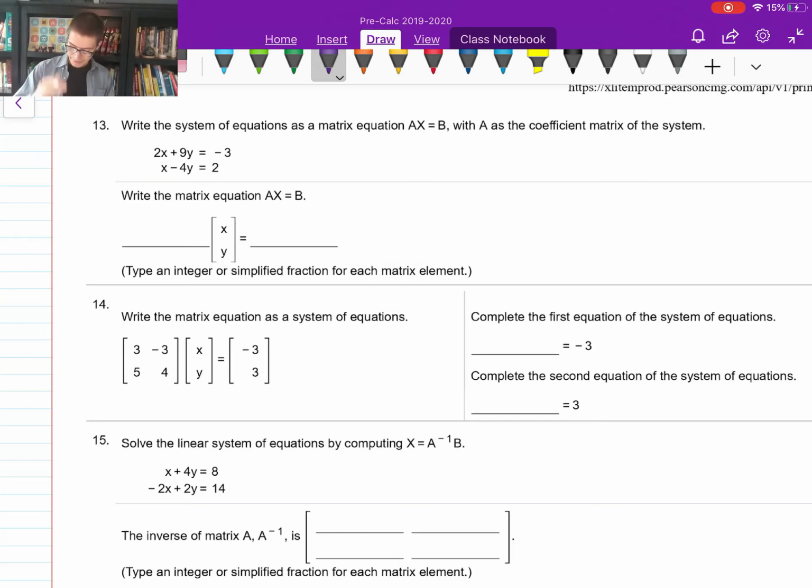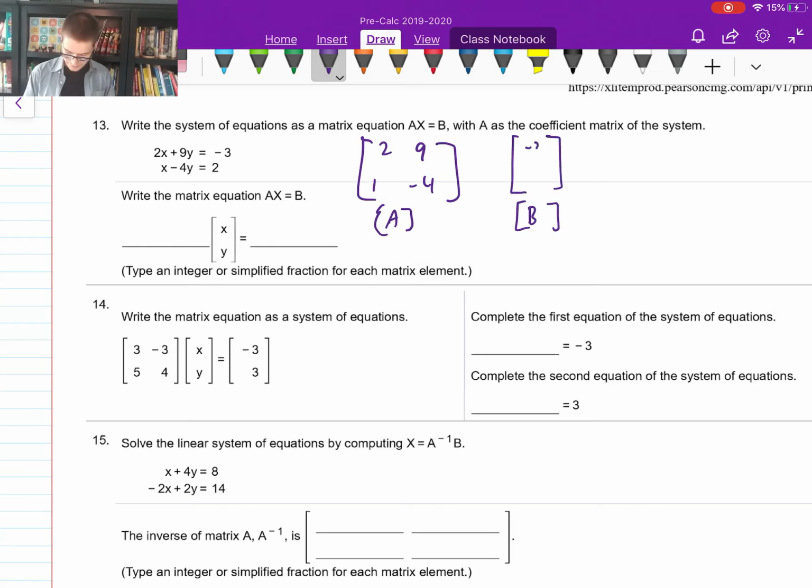So A becomes the matrix of the coefficients, and B just becomes the constants. So A would be 2, 9, 1, -4, and B is -3, 2, just like that. And that's all there is to it, fortunately.